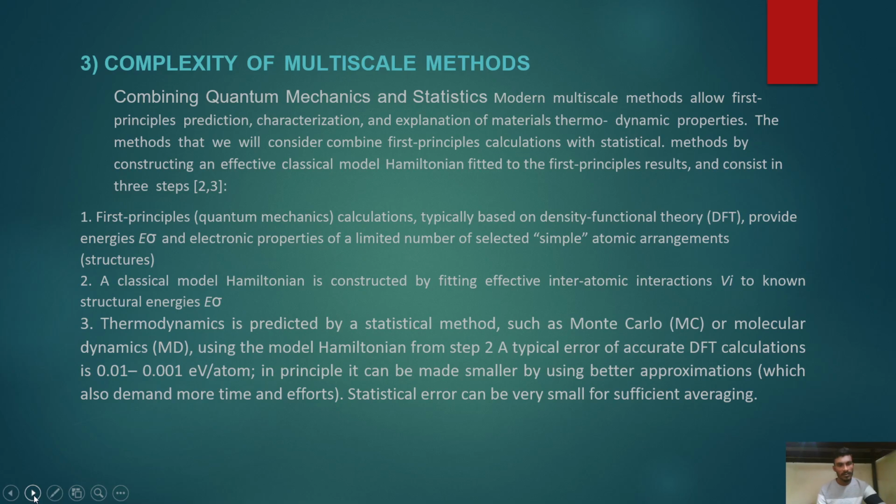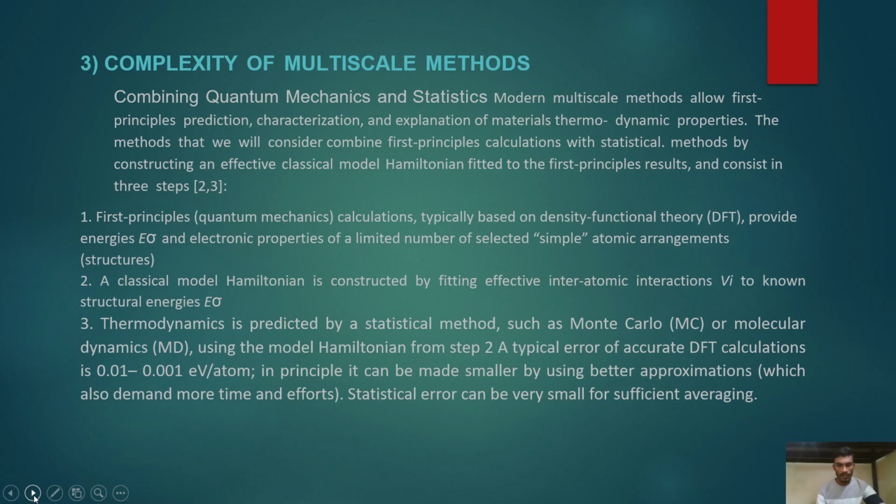Second, a classical model Hamiltonian is constructed by fitting effective interatomic interactions to known structural energies. Third, thermodynamics is predicted by statistical methods such as Monte Carlo or molecular dynamics using the model Hamiltonian from step two.